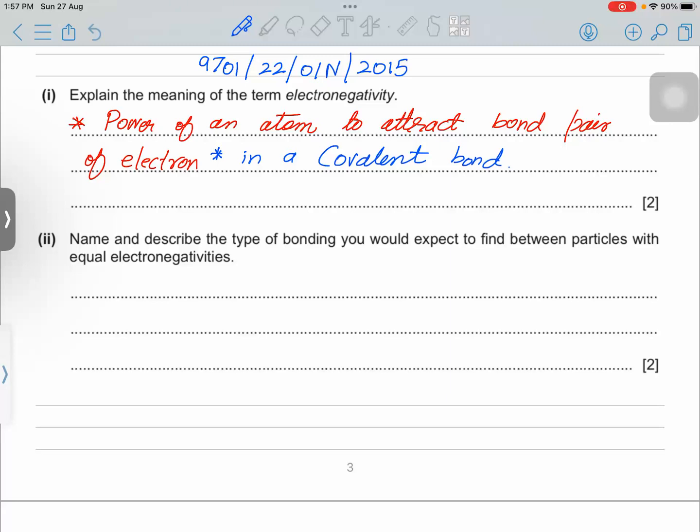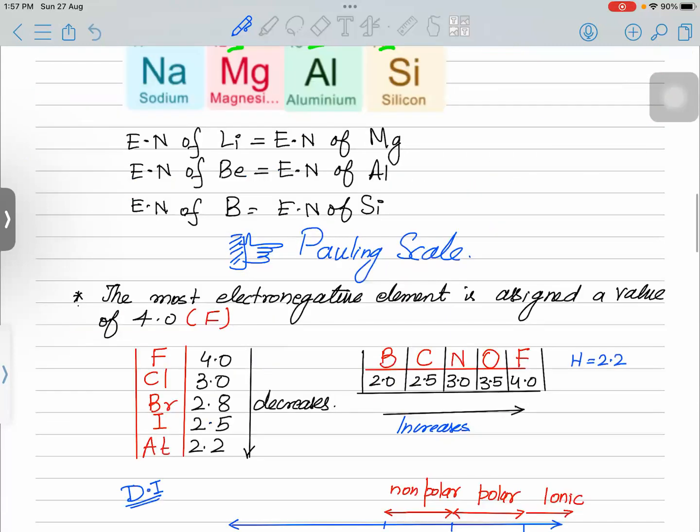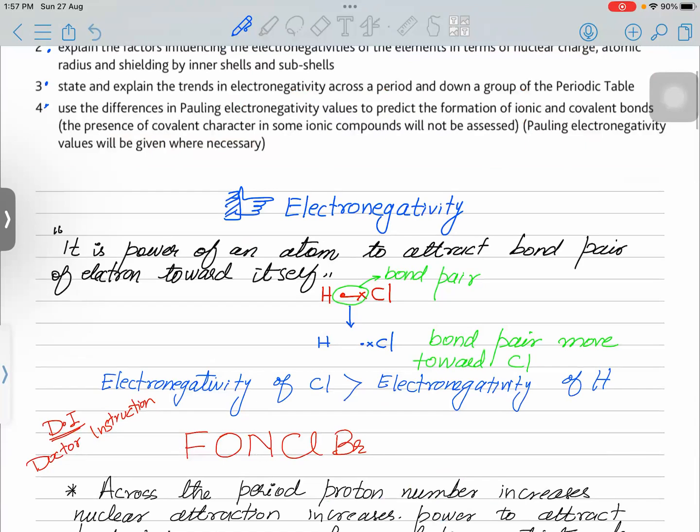So electronegativity is the power of an atom to attract the bond pair of electrons toward itself in a covalent bond. All right, sir. 9701 October/November, variant 22, 2015, question number 1.